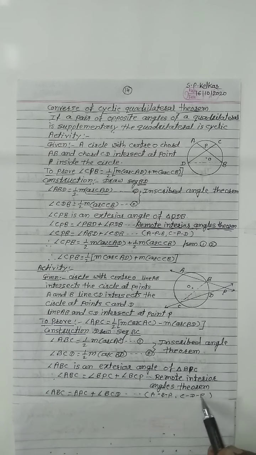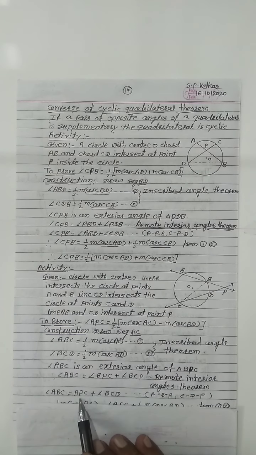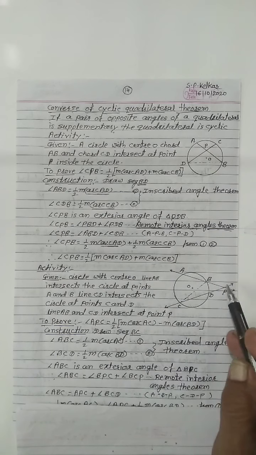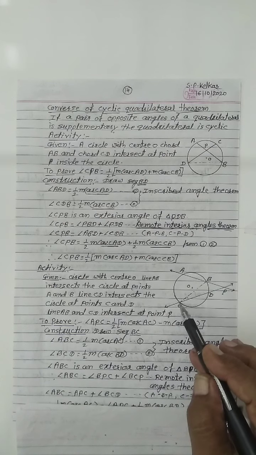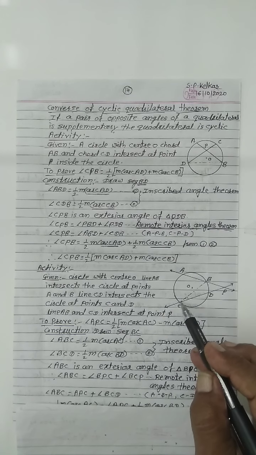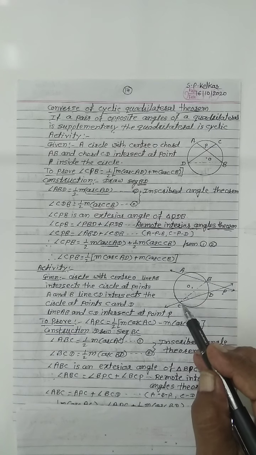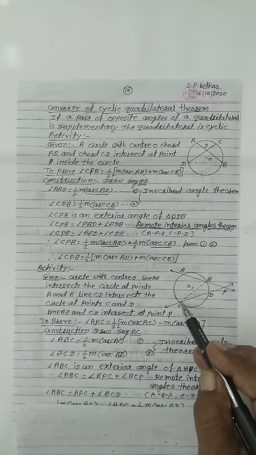Remote interior angle theorem. For angle BPC we write APC, only the name changes, the angle is not changed. So angle ABC equals angle APC plus angle BCP.